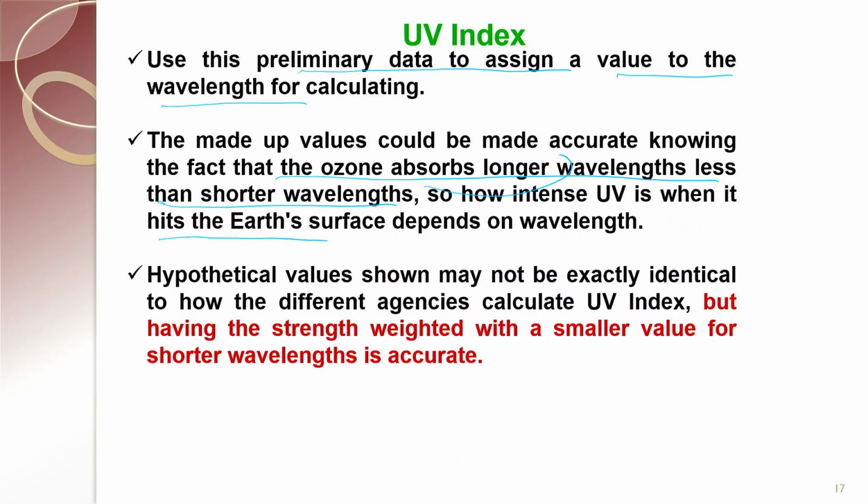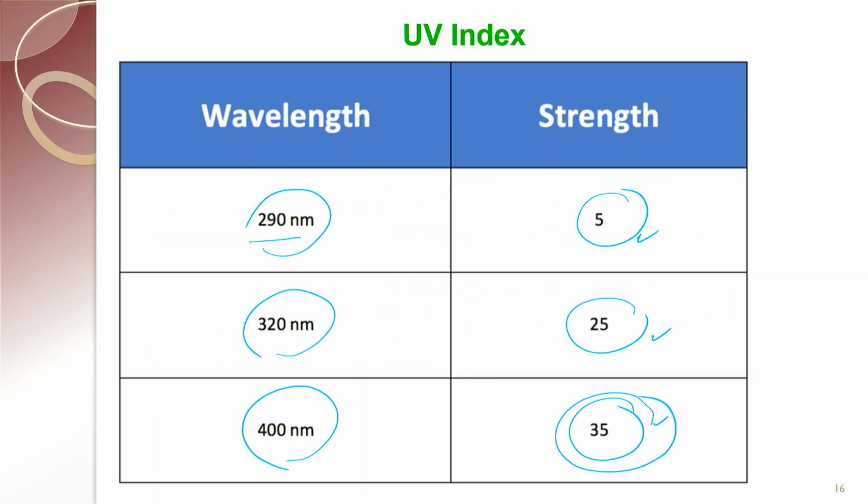Now, hypothetical values are given, actually it may not be exactly identical, since different agencies calculate the UV index differently, because these are hypothetical values. So, here we have given 35, we can give it 40, but the trend here is that as the wavelength increases, the strength, that means quantity, strength here means the quantity of the wave coming to the earth surface, will definitely be higher.